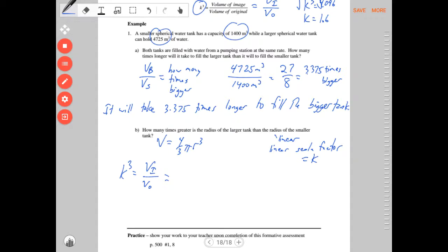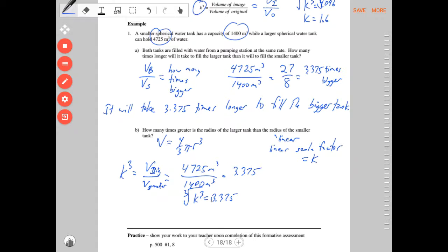If we take the image to be the bigger one, the volume of the bigger divided by the volume of the smaller, B for big. So 4,725 meters cubed divided by 1,400 meters cubed. That's that same 3.375 that we had from before. So K cubed is 3.375.